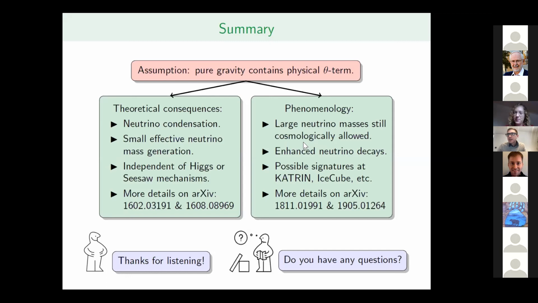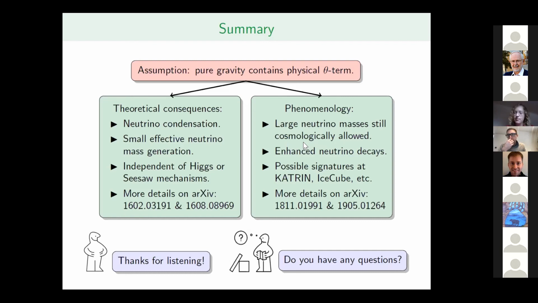Thank you, Lena, for the very nice talk. So I have 2.5 questions. The time is allowed. So my first question is that I can imagine that if you have sterile neutrinos, they could also form some kind of condensate and couple to the Ricci scalar.